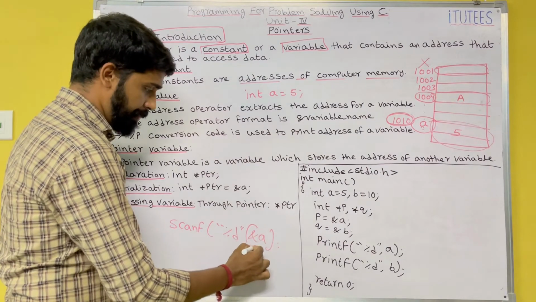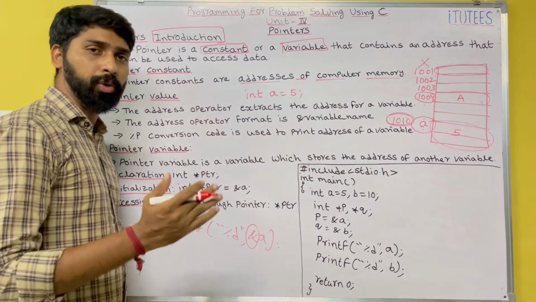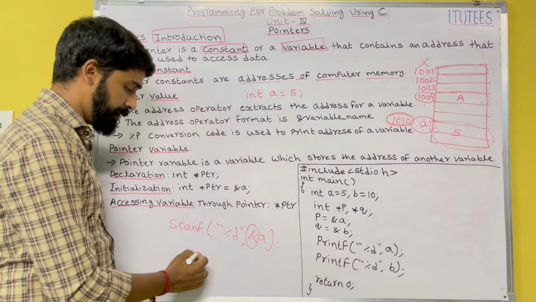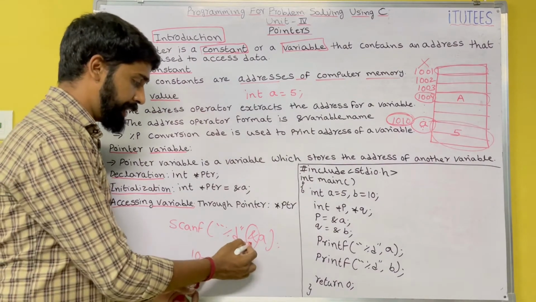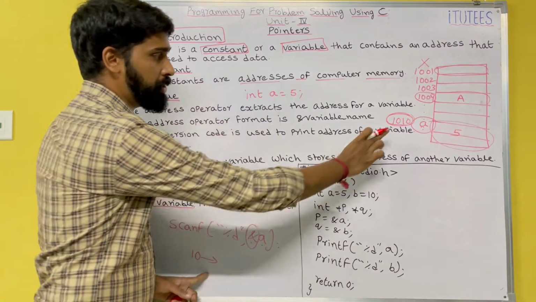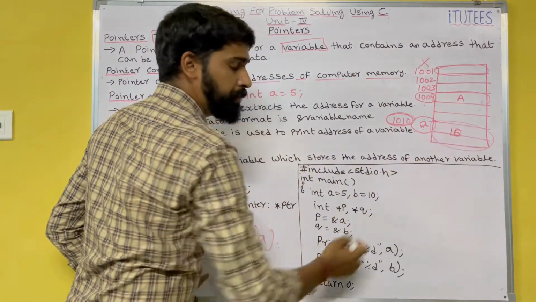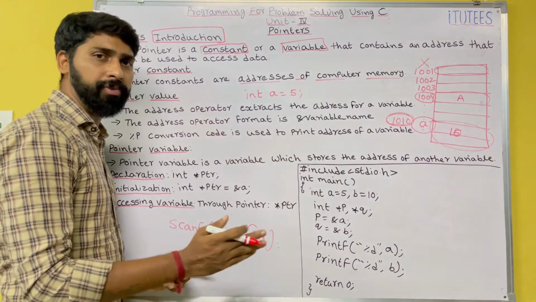What is the meaning of ampersand here? The scanf function is used to read a value from the keyboard. For example, I enter 10. Now this 10 is going to be stored in the address of a. In this location you are going to store this 10. That means ampersand indicates the address of a variable.